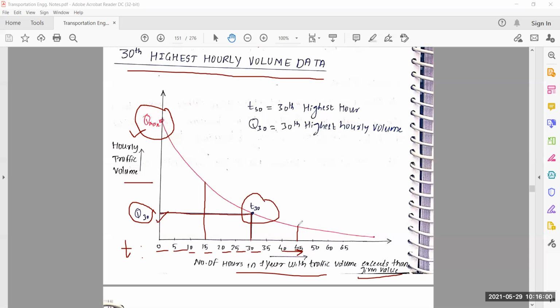Hence, it estimates the problem of congestion for most part of the year, and we find the 30th highest hourly traffic volume is most economical. So we use the 30th highest traffic volume for designing all the things involved in our geometric design.